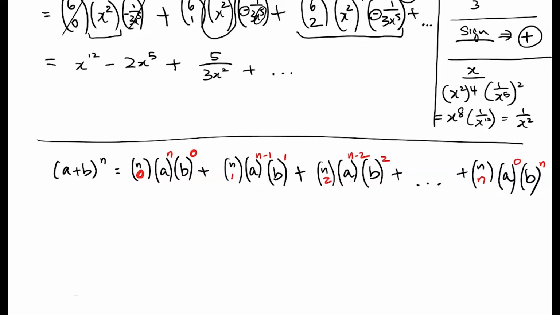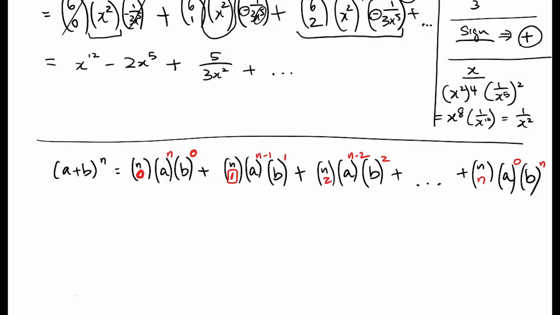So this is just a very quick overview of the binomial theorem. If you need more details, you can just refer to the previous video. Now, having written down this binomial theorem, we already know that there's something common among all the terms, which is the n, a, b part. And what really differs is just this number here.